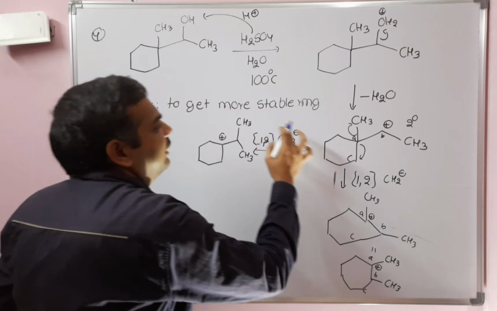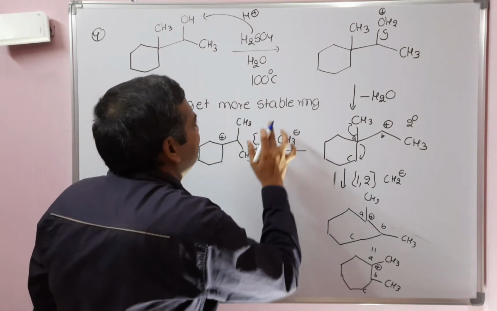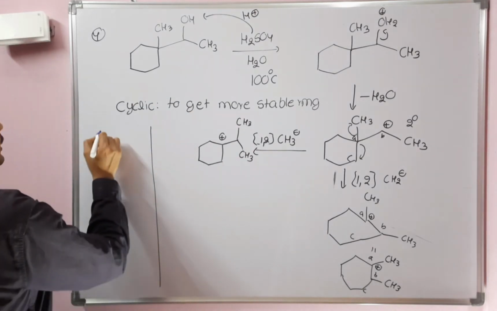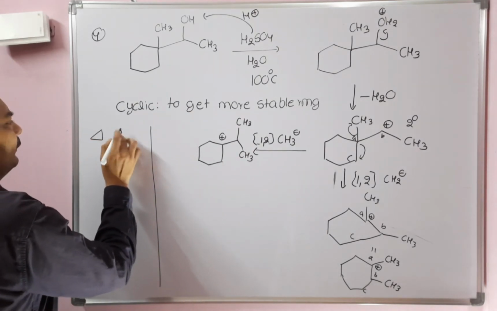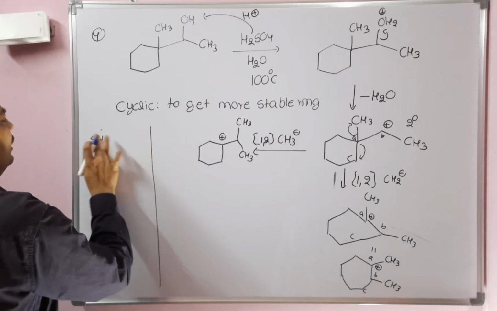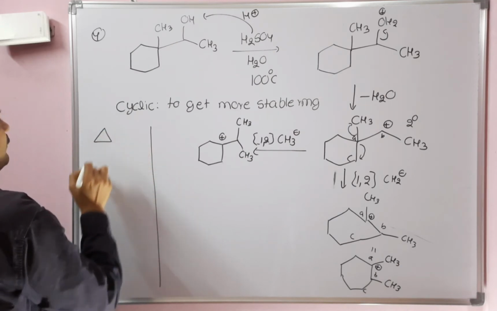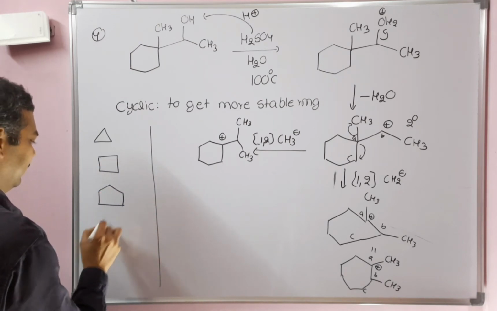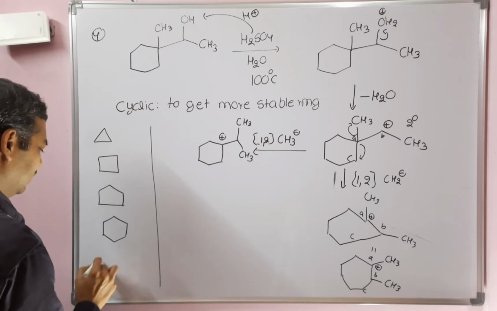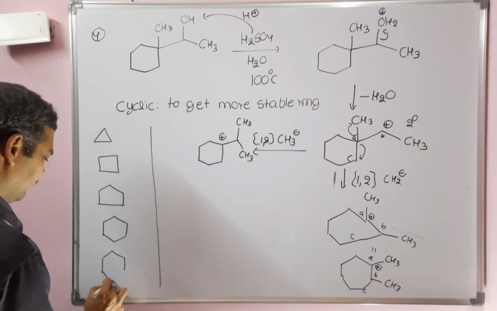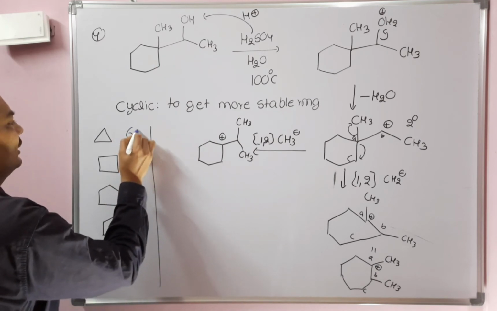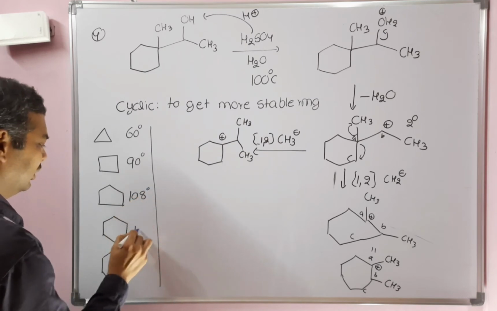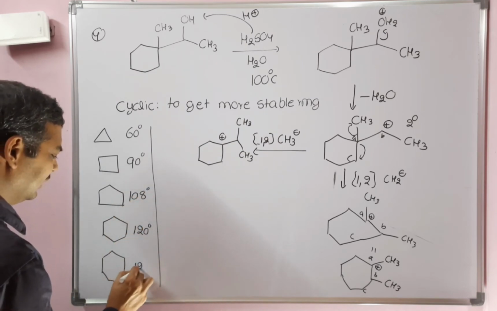Always, in a cyclic system, rearrangement will take place to get the more stable ring. As I explained, if you see the cyclopropane ring, cyclobutane, cyclopentane, cyclohexane and cycloheptane, the angles are 60 degrees, 90 degrees, 108 degrees, 120 degrees, and around 128 degrees.